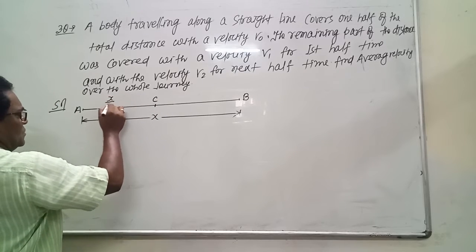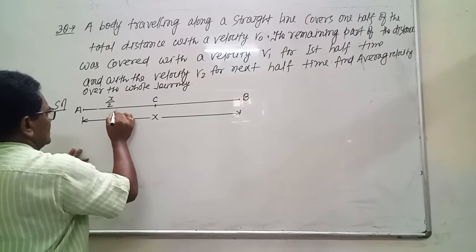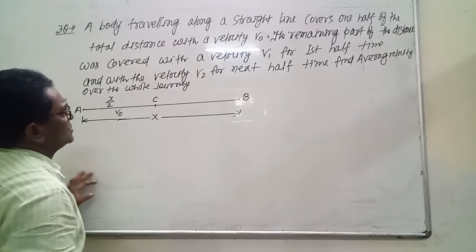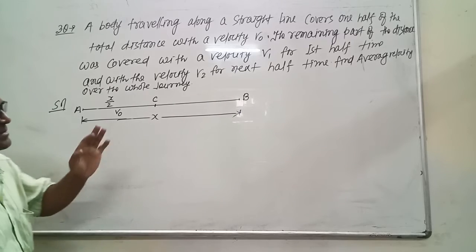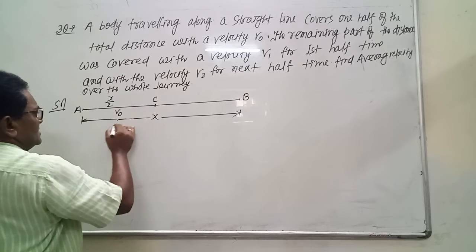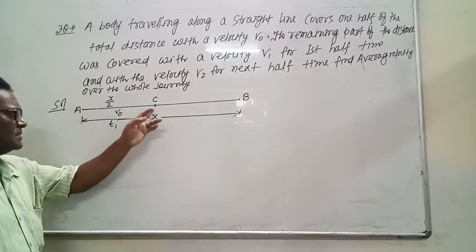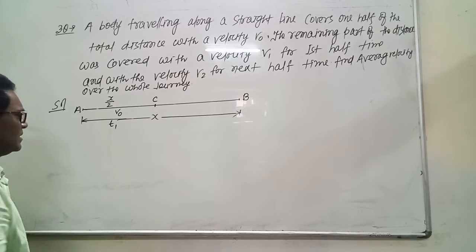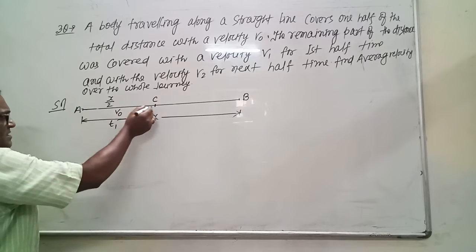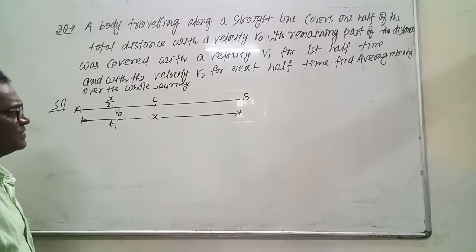So one half of the total distance means x by 2. This much distance is covered with the velocity v0. Suppose the time taken to cover the distance AC is t1, and in this segment the speed was v0.